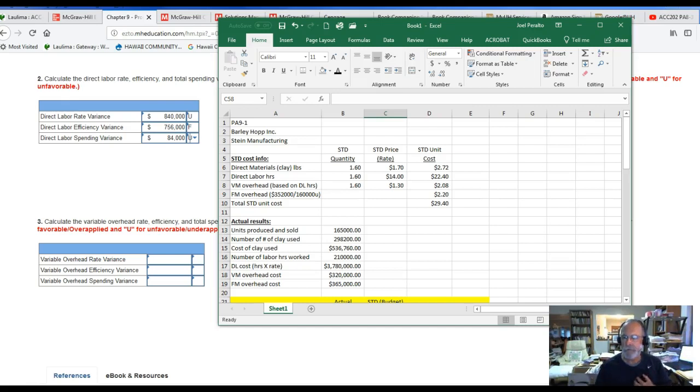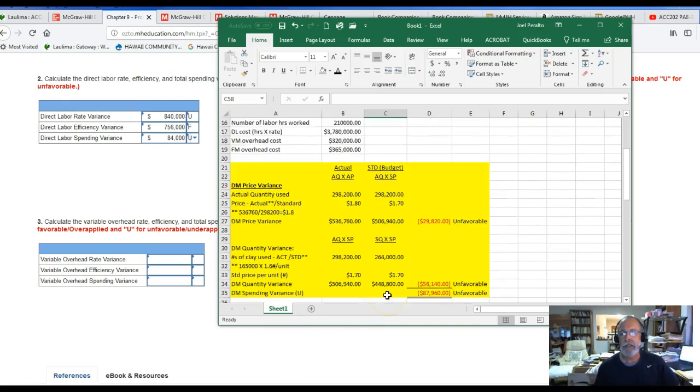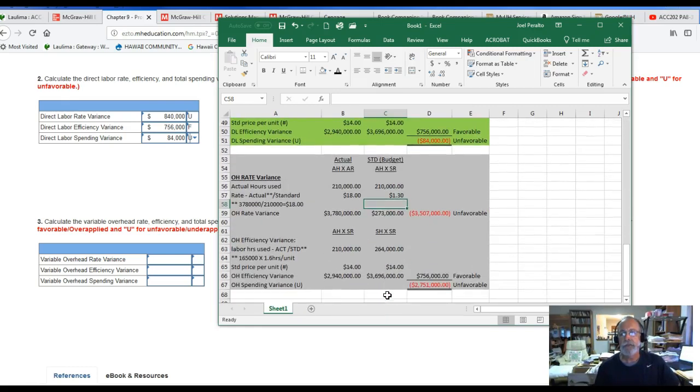Let's get back to the last section of this problem P9-1, calculating the variable overhead rate, efficiency and spending variances. So overhead works more like the labor, and we got the setup started here, and we are referring to the text on page 388, exhibit 9.8 for variable overhead rate and efficiency variances, as well as the spending variance.